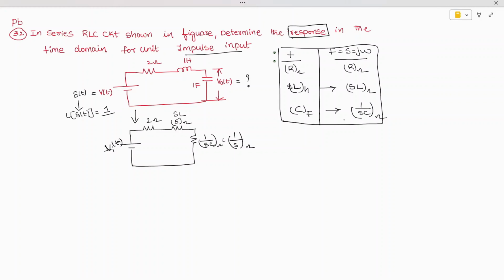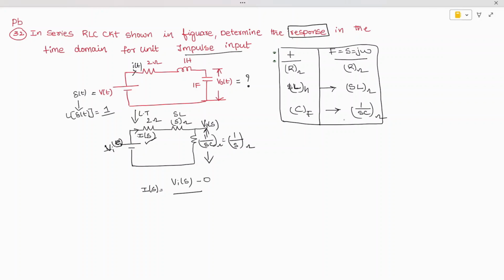This is the Laplace transform, which is V of S. Now let us assume the current I of t; this current will be I of S. The output we are going to get is V naught of S. Now I am writing the expression for I of S. I of S is equal to V input of S minus 0.